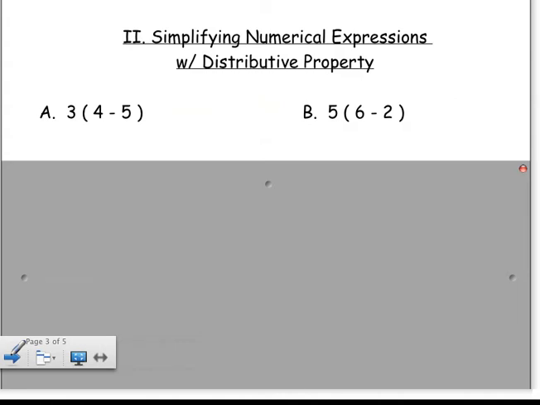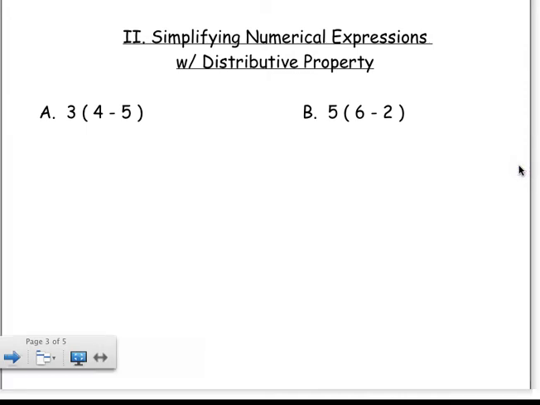Let me give you some examples. First, more with numerical, and then we'll look second at examples that have variables in them. If I look at expression A, I see 3 times the difference of 4 and 5. In order to simplify this expression using the distributive property, the first thing I'll do is kill subtraction, and then I'm going to distribute the number on the outside to the numbers on the inside.